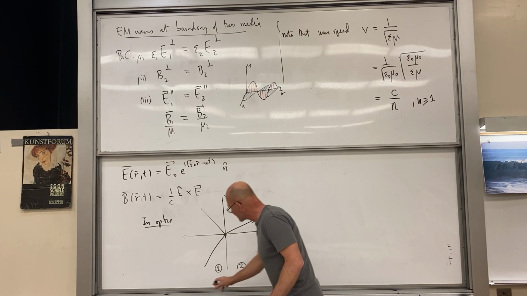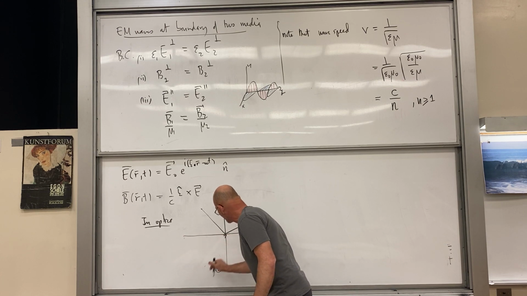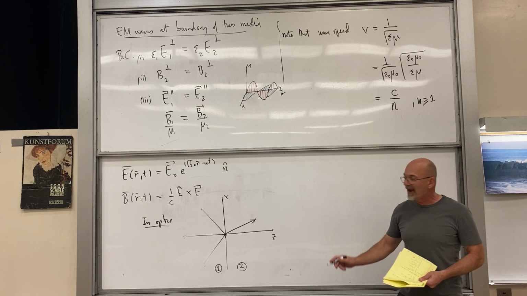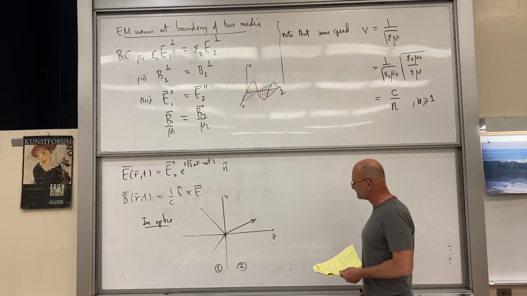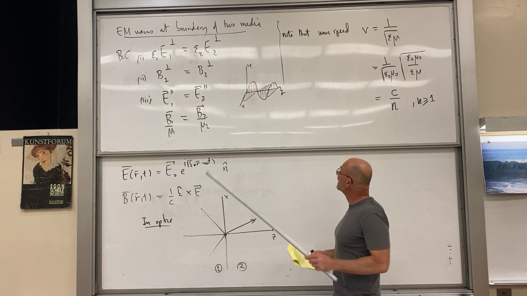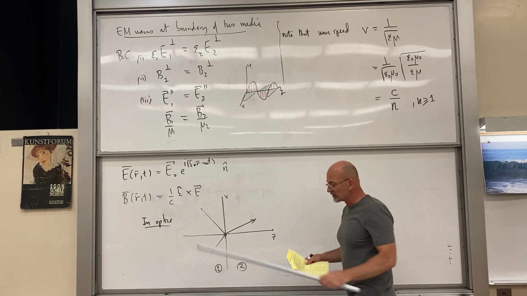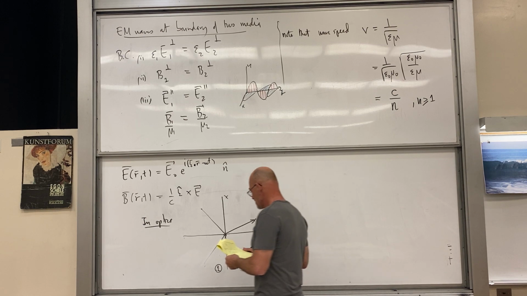So these are the wave vectors. Let's make this one a little straighter. Okay. So the construction is just like ray optics because of these vectors here, wave vectors. So what do we have here?